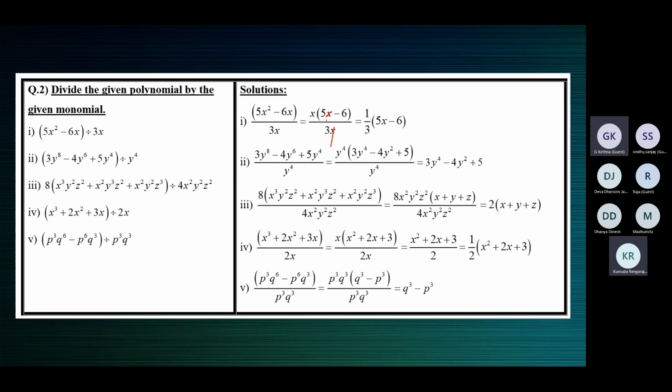This x is not free. You cannot disturb any of them separately. Look at 5x minus 6 as one expression. If there's another 5x minus 6 in the denominator, the whole thing can get cancelled. But 5 or x or 6 cannot be taken separately from the expression to be simplified.